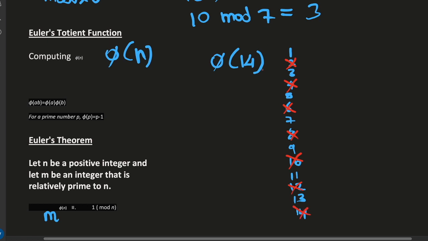Also 7, because 7 has a common factor with 14. So the numbers that are left are 1, 3, 5, 9, 11, and 13. So phi of 14 is 6.